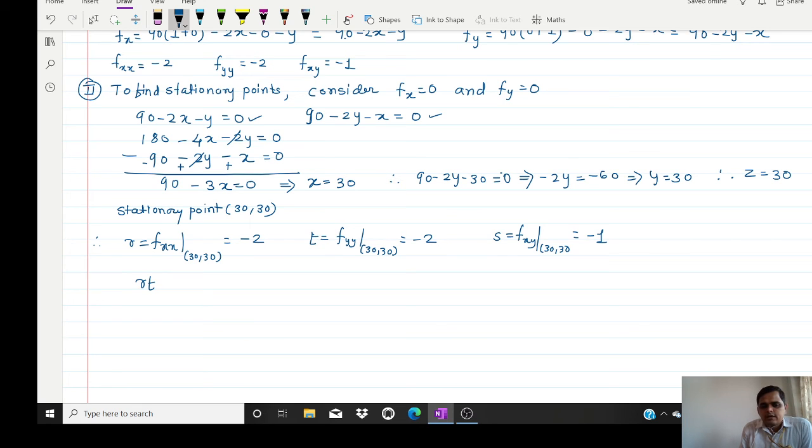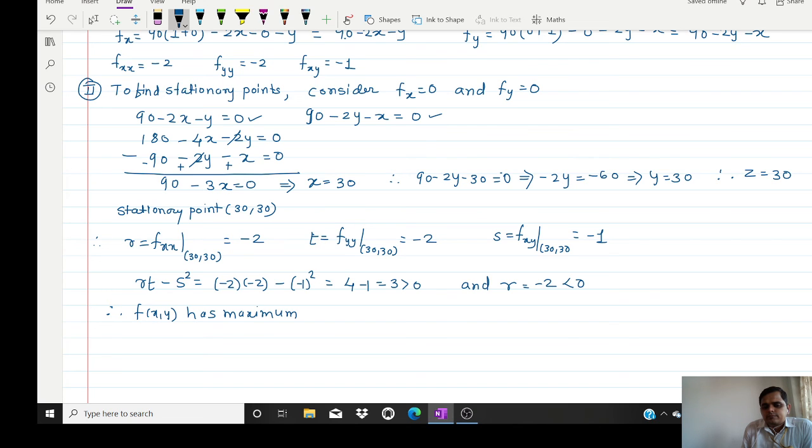Hence we can go for rt minus s square, which is minus 2 into minus 2 minus minus 1 square. So minus 2 into minus 2 becomes 4. 4 minus 1 gives me 3, which is positive, and r is equal to minus 2, which is less than 0. Therefore, f of x comma y has maximum at point 30 comma 30.